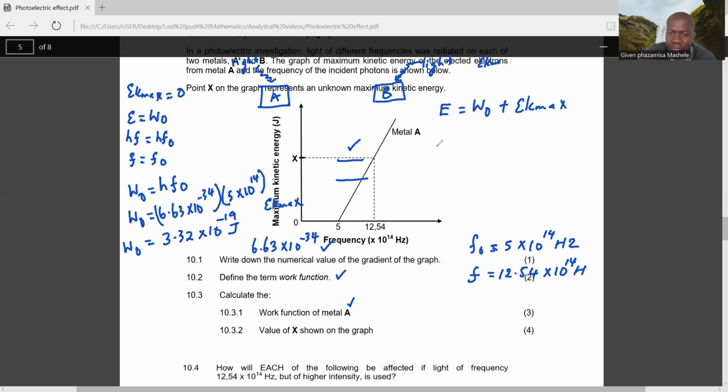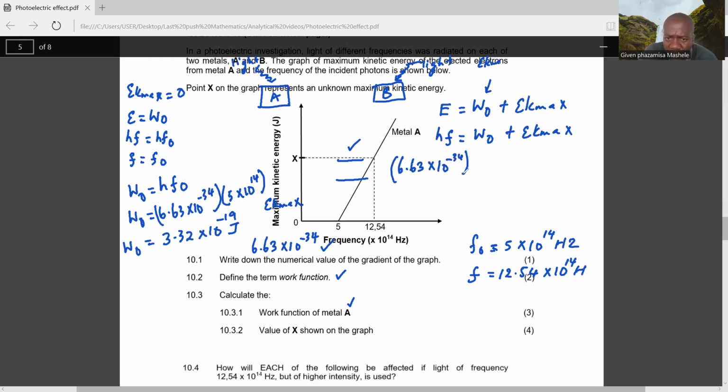To do that, we already have the work function. We have calculated the work function. What we need is just the energy of the photon. So we can say, hf equals W naught plus EK maximum. What is the Planck's constant, ladies and gentlemen? 6.63 times 10 to the power minus 34.